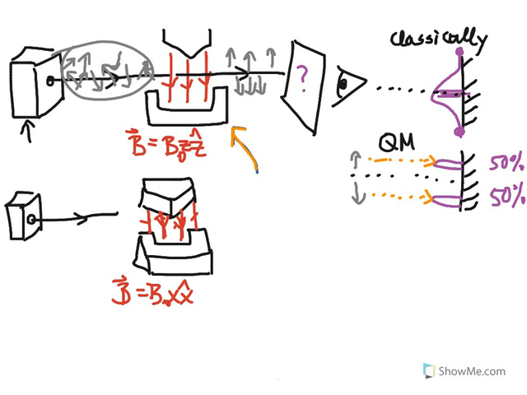And the basic idea now is that instead of being pushed up and down, these silver atoms are going to be pushed into and out of the page. Let's draw it like this. And you're going to get a lump over here, which is into the page, and a lump over here, which is out of the page.